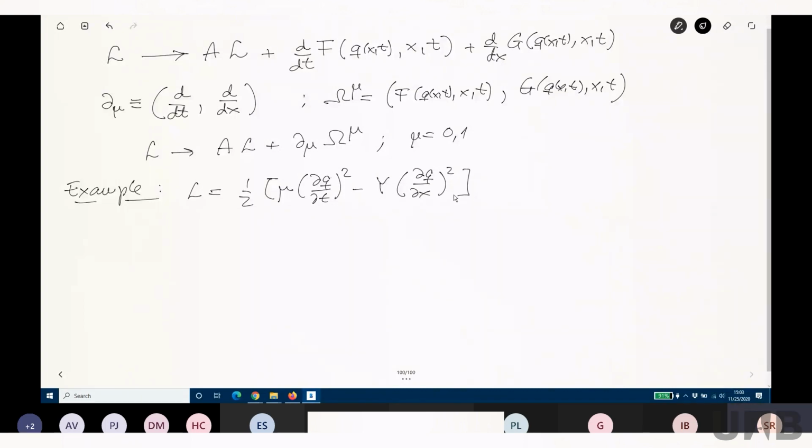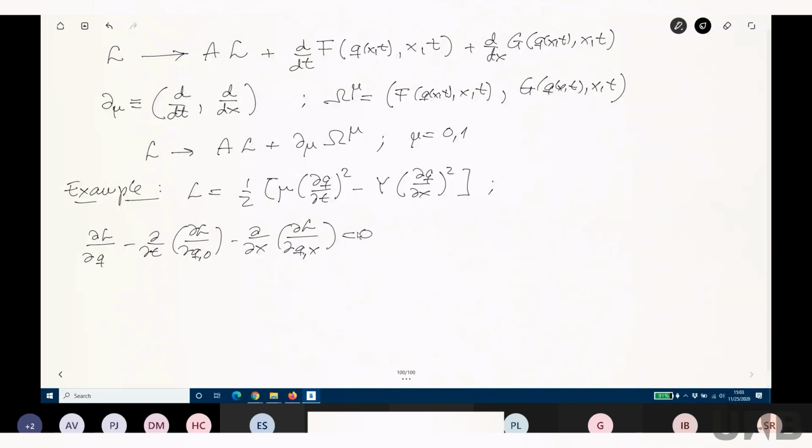And we want to apply the Euler-Lagrange equations of motion, which is dL/dq minus d/dt of dL/dq,0 minus d/dx of dL/dq,x equals 0. And we have to see what equations result from that, right?